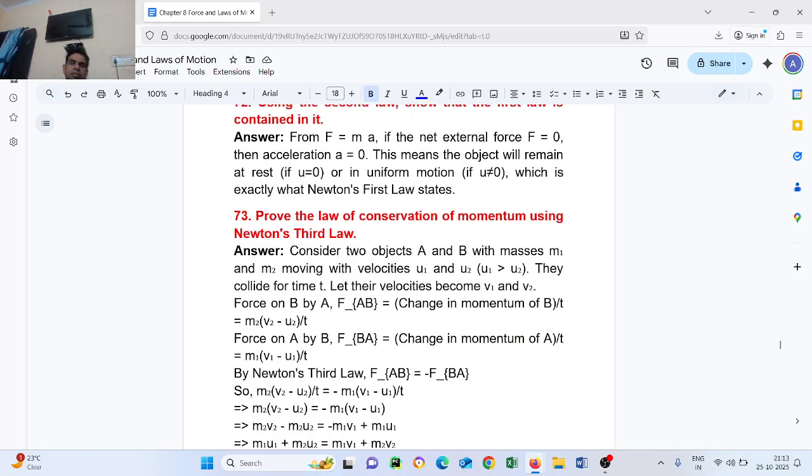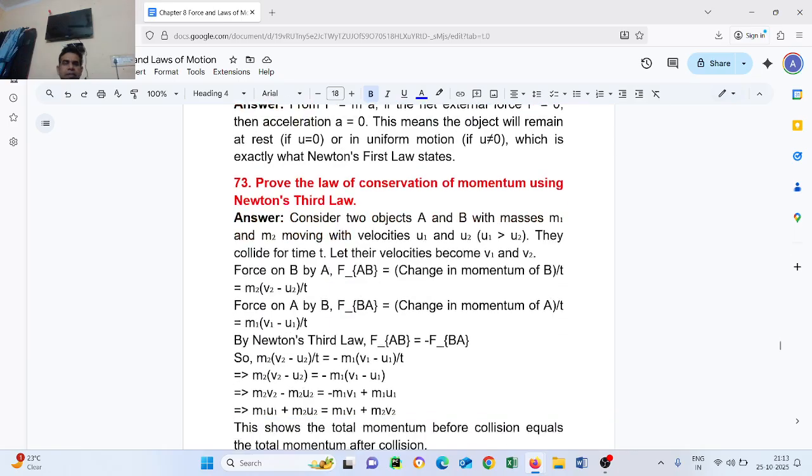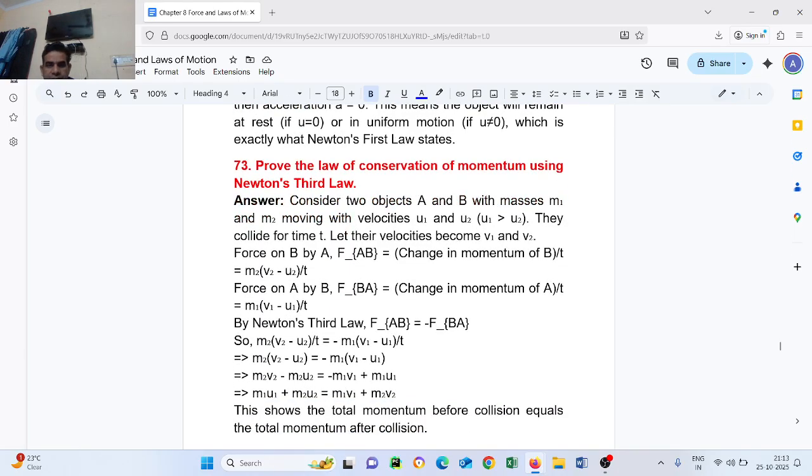Question number 73. Prove the law of conservation of momentum using Newton's third law. Consider two objects A and B with masses m1 and m2 moving with velocities u1 and u2, where u1 is more than u2. They collide for time t. Let their velocities become v1 and v2. Force on B by A, F_AB, equals change in momentum of B upon t, equals m2(v2 minus u2) upon t. Force on A by B, F_BA, equals change in momentum of A upon t, equals m1(v1 minus u1) upon t.